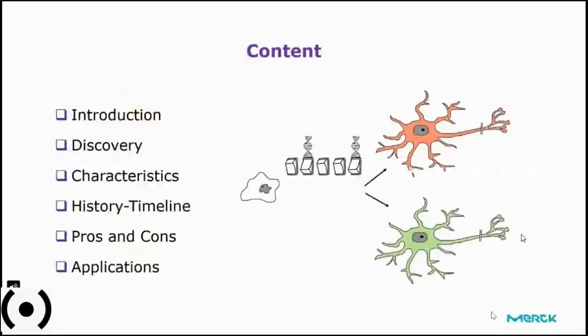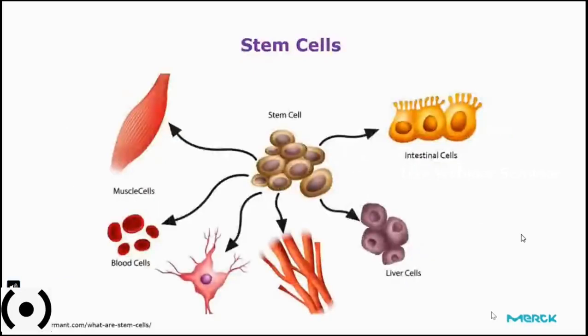I will discuss gradually the introduction, discovery, characteristics, pros and cons, and then applications. So you all know about stem cells, right? Stem cells are special cells. They are undifferentiated cells. They have the capability of renewing themselves, and they can differentiate into any cell type, right?